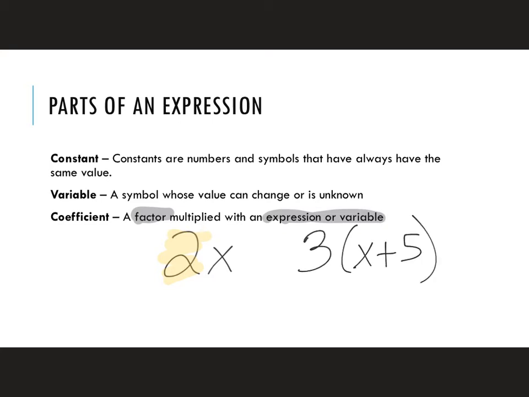In that case, 3 would be the coefficient. It is something that multiplies. It is a factor. They do sometimes look like they are constants. So you need to make sure that you know the difference between a coefficient and a constant.